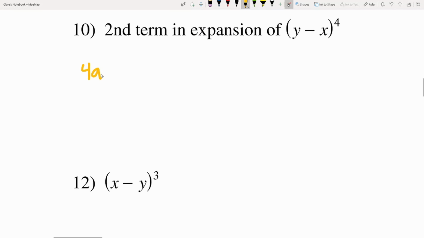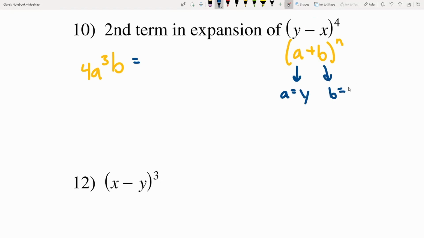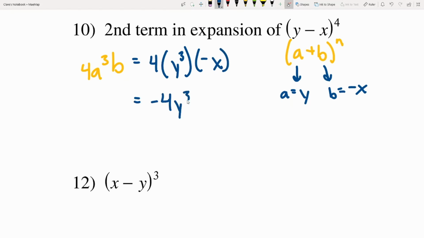So 4a cubed b, where a plus b to the n is the form we're using. Now you can see that a is going to equal y, and b is going to equal a negative x. So this is going to be 4 times y cubed times negative x, which is negative 4y cubed x. That's our solution for number 10.